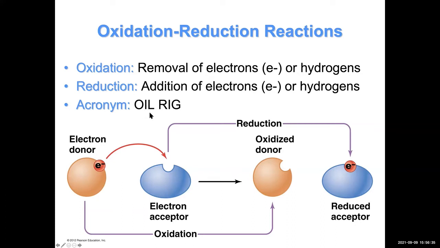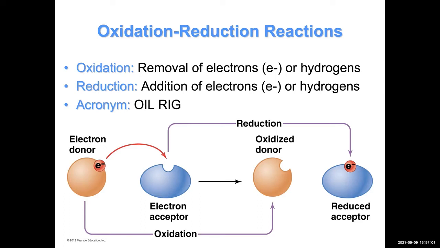Losing what? Electrons or hydrogens, that's right. And RIG: reduction is gaining. Gaining what? Electrons or hydrogens. That's right.